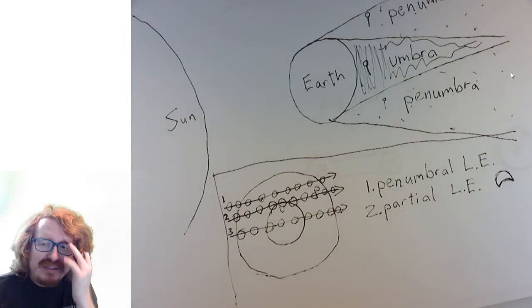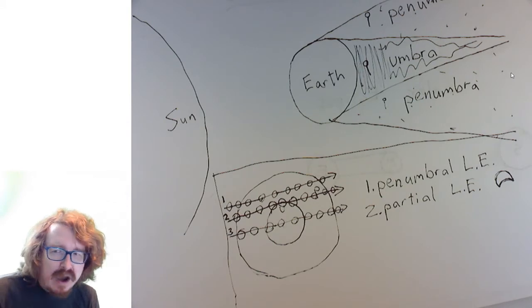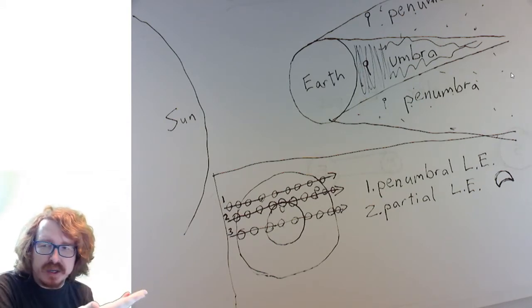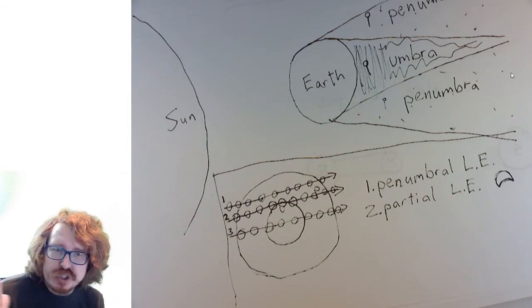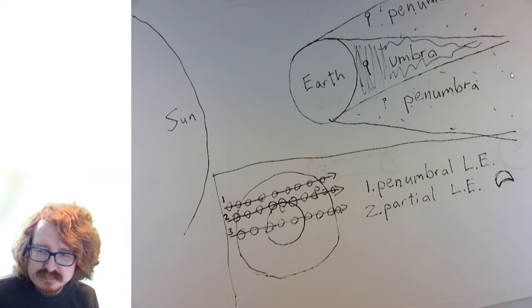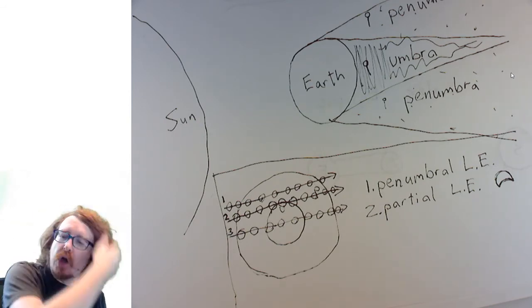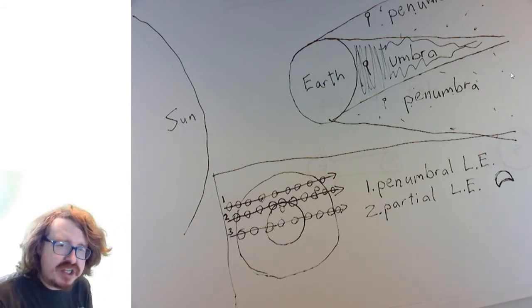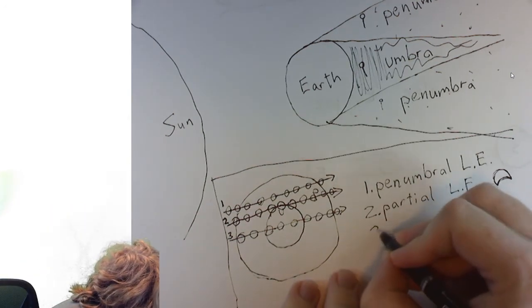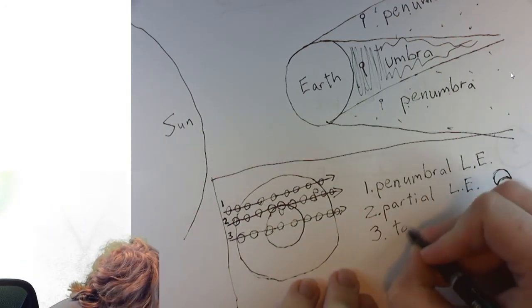And if it goes straight through the umbra, how much of the moon should be dark when it's in the umbra? How much? All of it, right? Yeah, all of it should be dark, okay? And that's why we call it a total lunar eclipse.